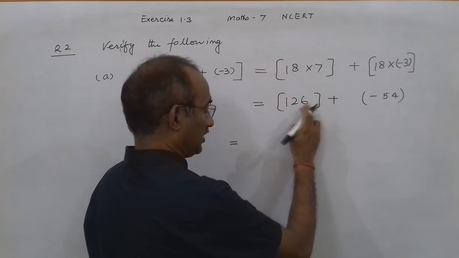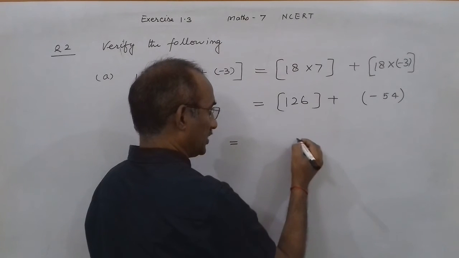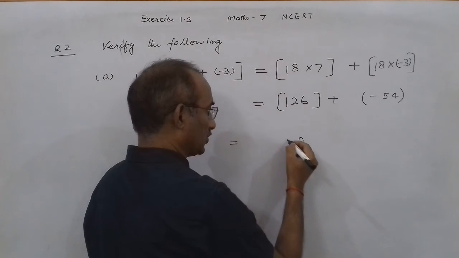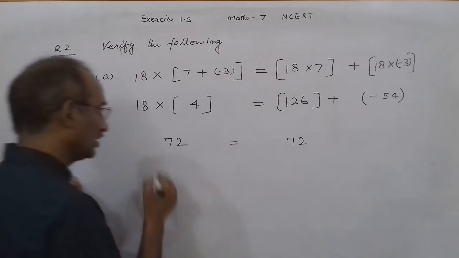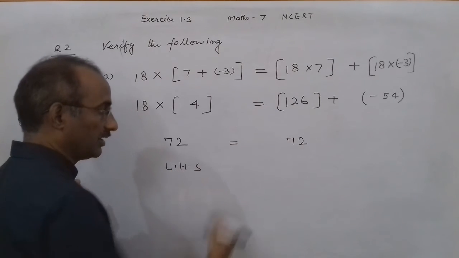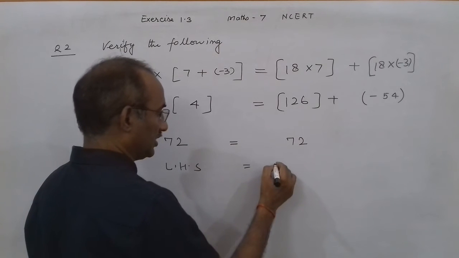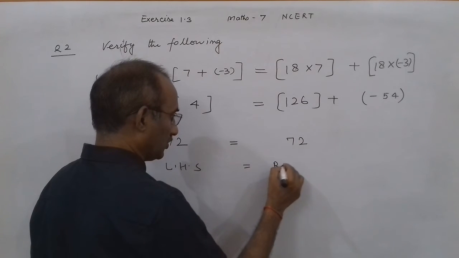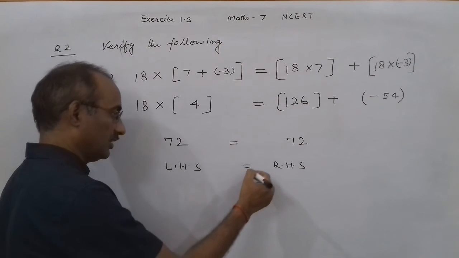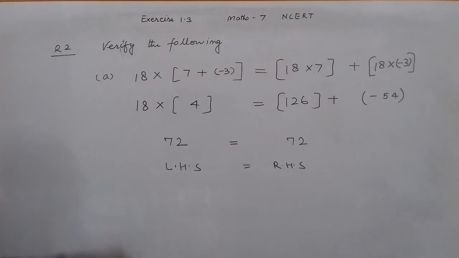So when 4 is subtracted from 6, we get 2, and 5 is subtracted from 12, so we get 6. The left hand side is 72 and the right hand side is also 72. So we can say that right hand side is equal to left hand side, and the distributive property of multiplication is verified here.